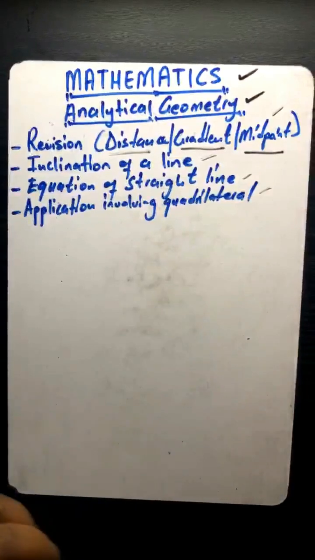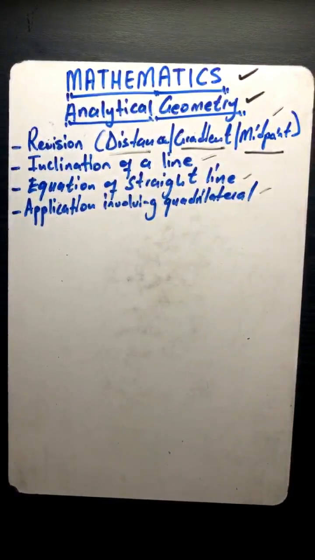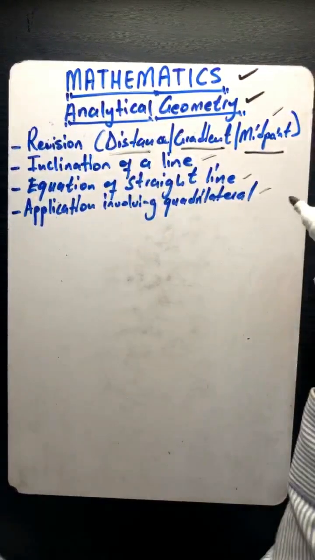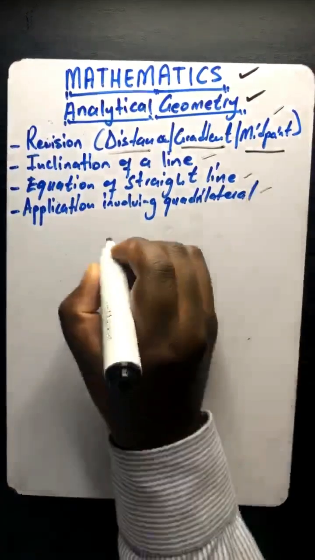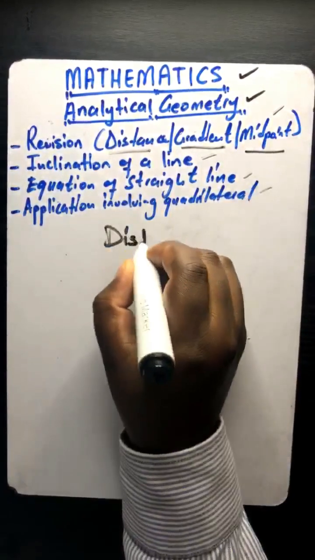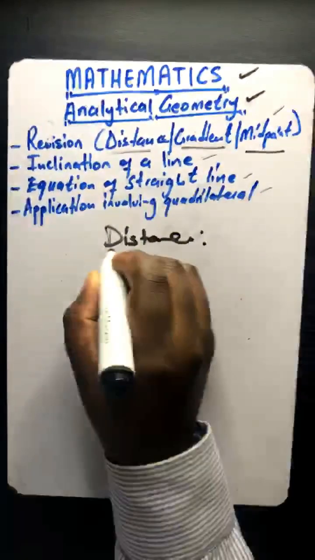The only difference is the level of complexity. But I'm going to simplify it to an extent where you even ask yourself, what exactly is difficult about this chapter?